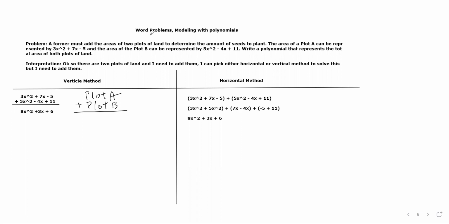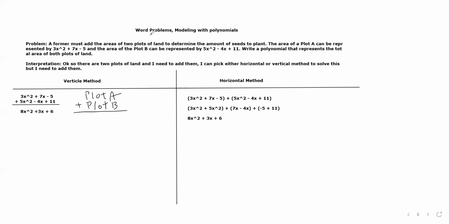Cool. Then I have a 7x to the first power, and then I have a negative 4x to the first power. So I'm able to put that underneath. Then I have a negative 5. Then I have a positive 11. So I'm able to put the 11 underneath. And if I were to add them all up, I end up with 8x squared plus 3x plus 6.